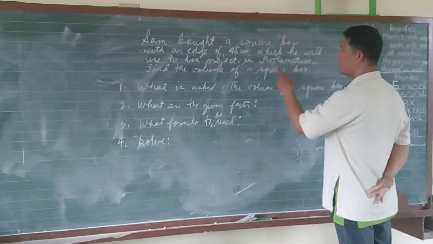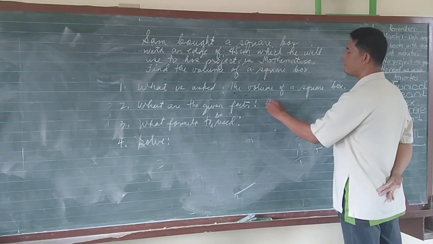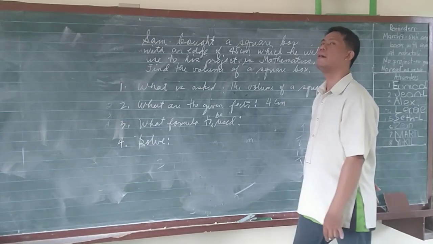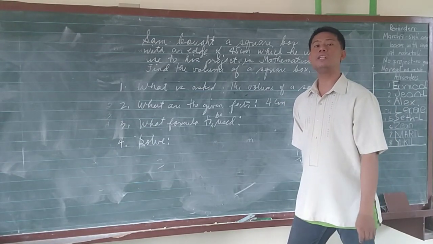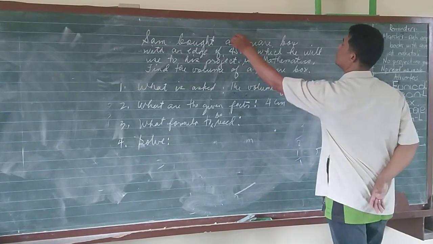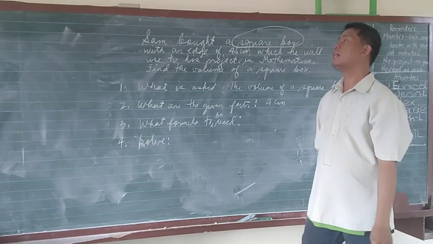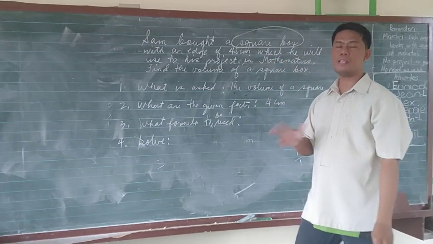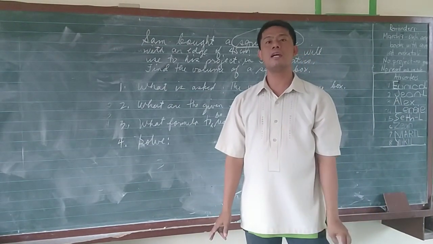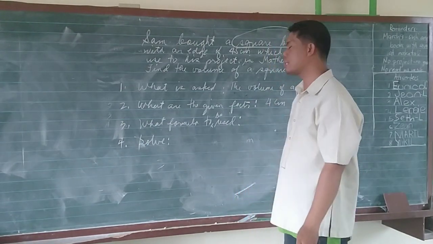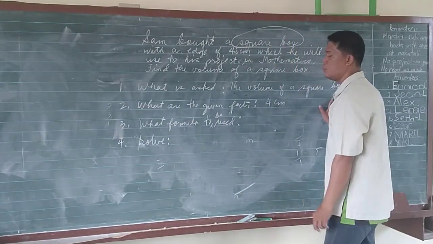Okay? So the given facts, you have 45 centimeters. So you have only one given fact because the solid figure described is a cube because a square box. The faces of the box are square. Therefore, the solid figure described is a cube.